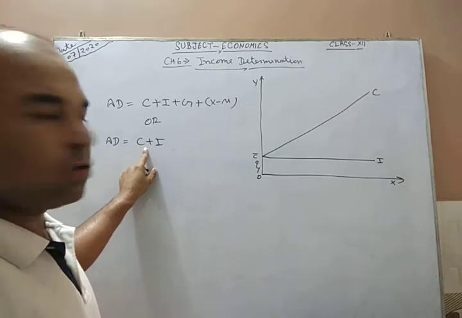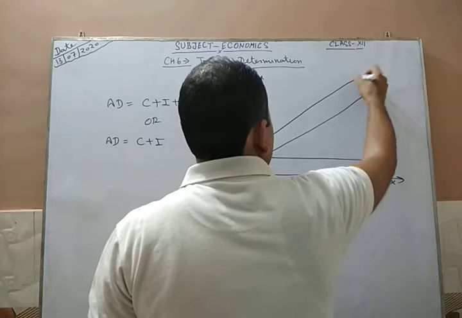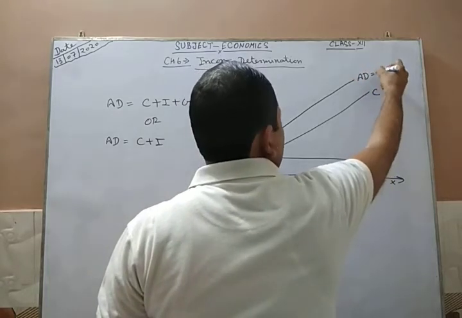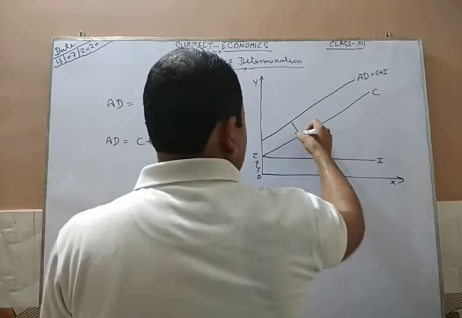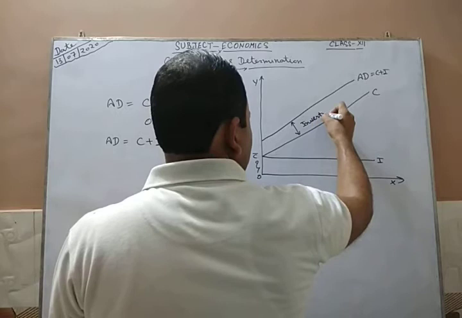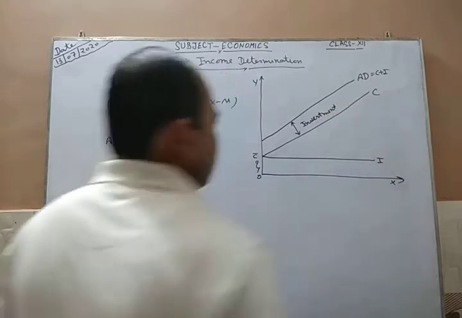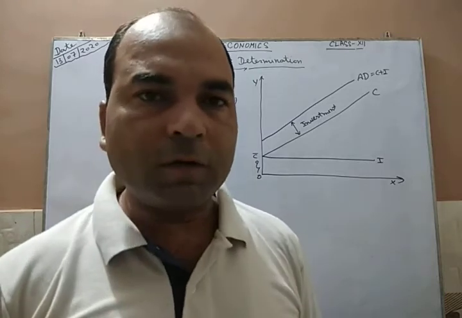When we add both of them, it becomes aggregate demand, which is equal to C plus I, and the difference between both of them is investment. So I hope, students, this is clear to everyone.